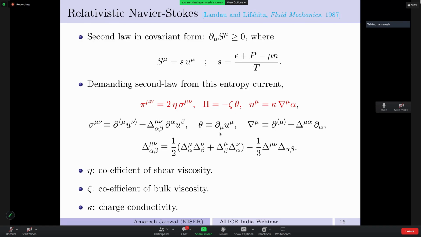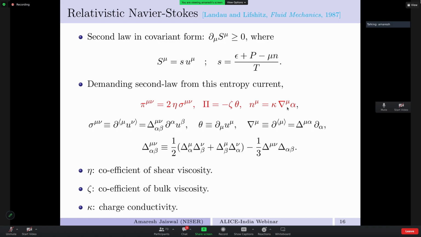This is what we would expect. For example, if I look at the current, if there is a difference between chemical potentials at two ends, then only the particles will flow. Or for heat current, the temperature difference would lead to flow of energy, and so on.